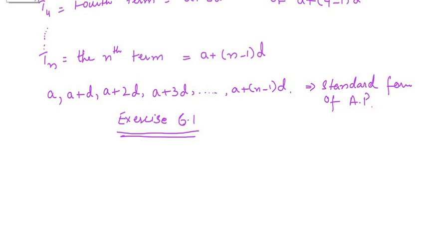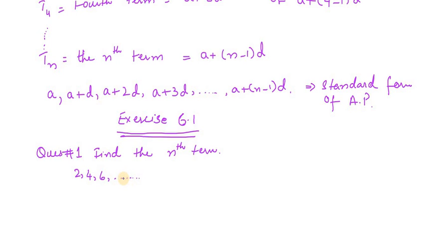So the question number 1 of exercise 6.1: find the nth term of each of the following sequences. Question number 1, find the nth term, and the given sequence is 2, 4, 6 and so on.